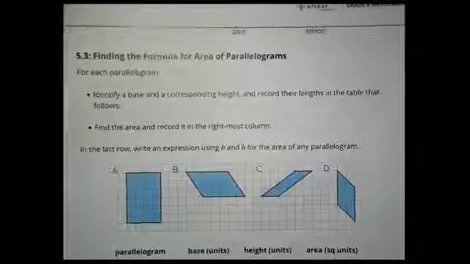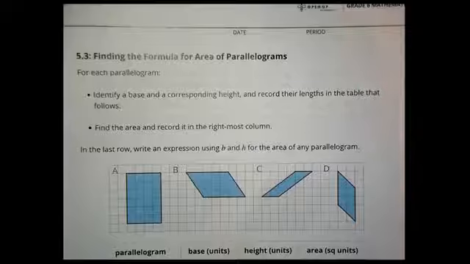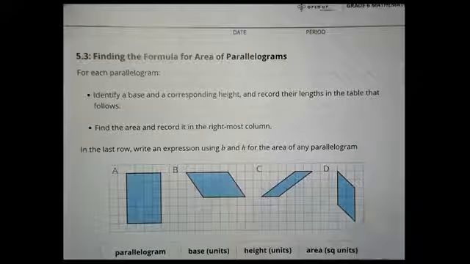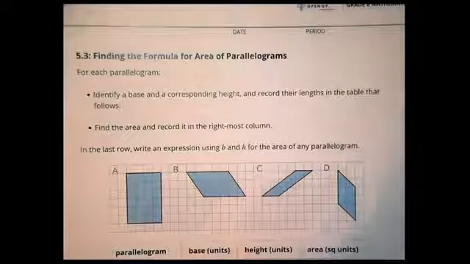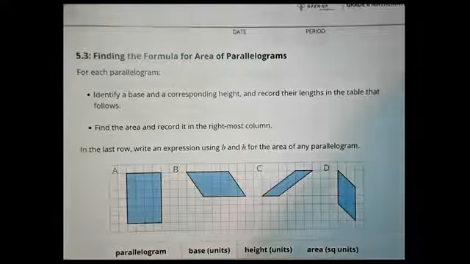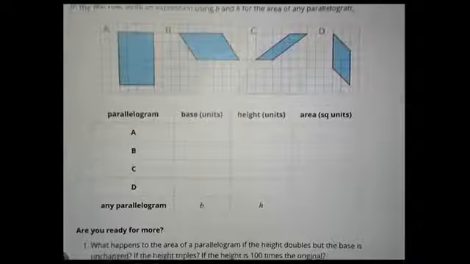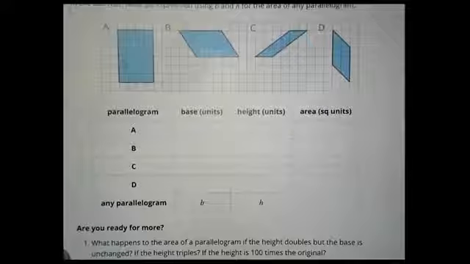Okay, let's look at activity number 3. Finding the formula for area of parallelograms. For each parallelogram, A, B, C, and D, listed here, identify a base and a corresponding height and record their lengths in the table that follows. And then find the area in the rightmost column. So we're going to figure out a base and a height and fill in our table.